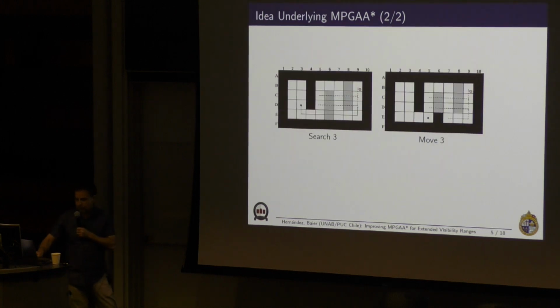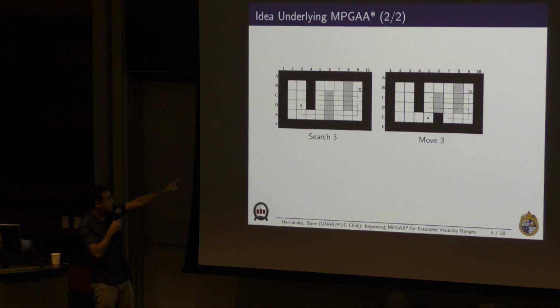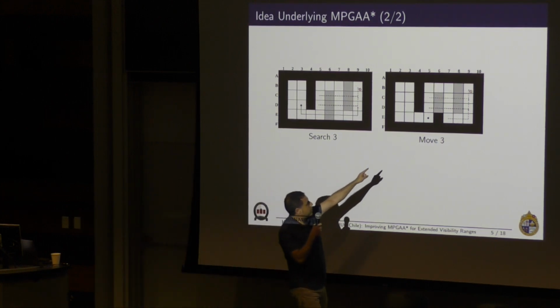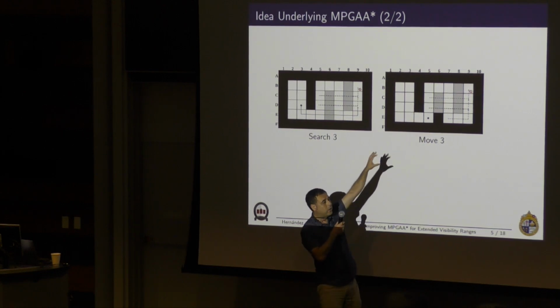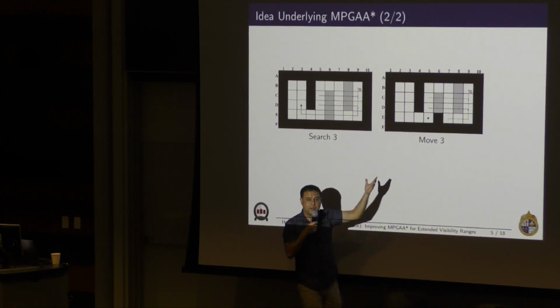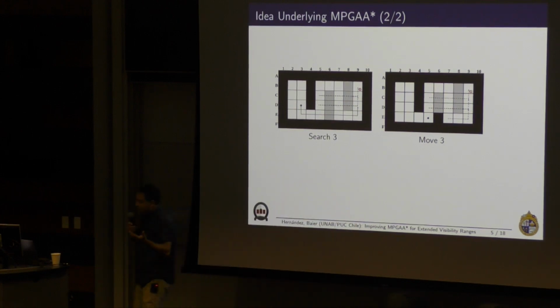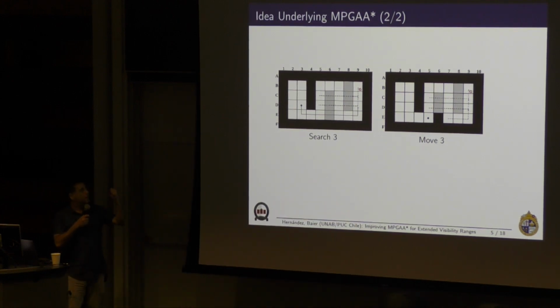In this search, the agent only expands one cell to reach the previous shorter path. And this is the main idea of MP, multipath.